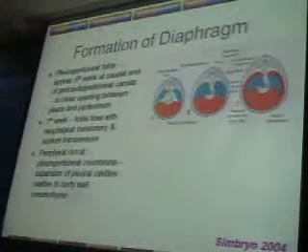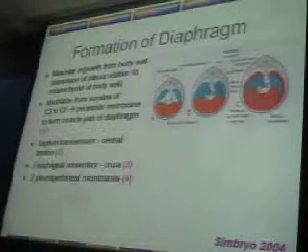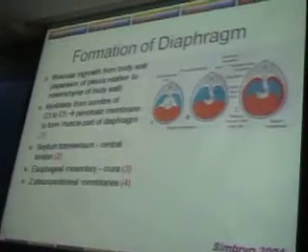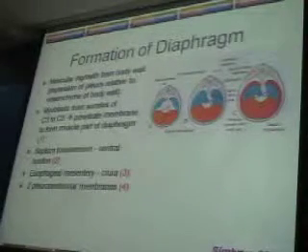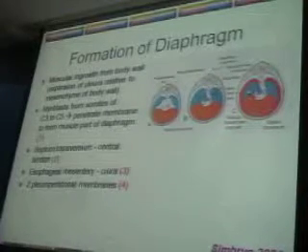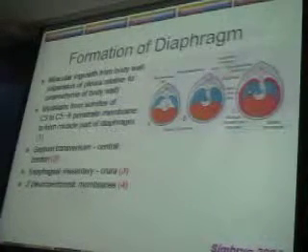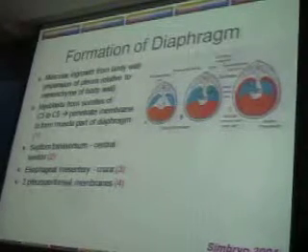Further development, you will have the formation of your peripheral rim. Once you have the peripheral rim, myoblasts from somites C3 to 5 will penetrate the pleuroperitoneal membrane to make it the muscle part of your diaphragm.